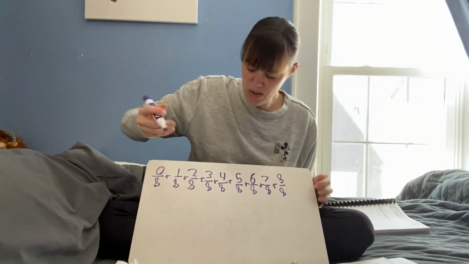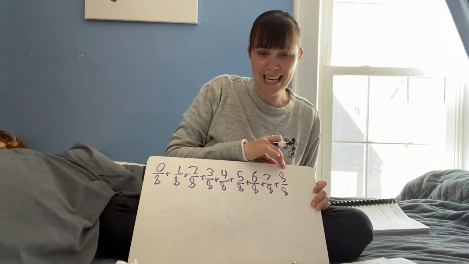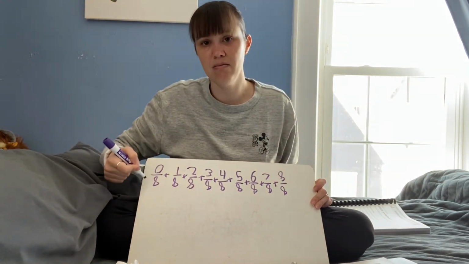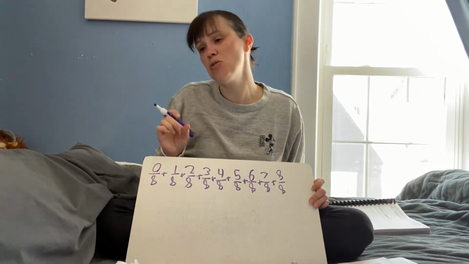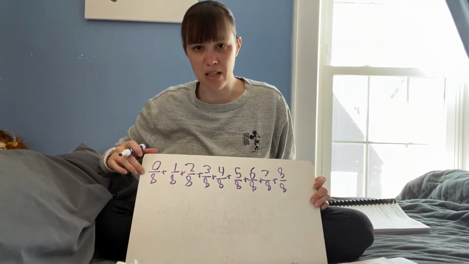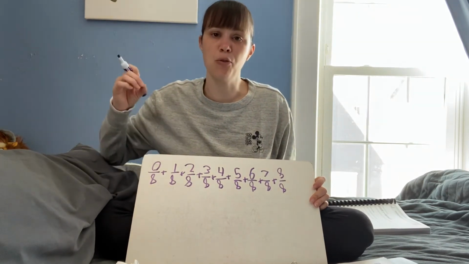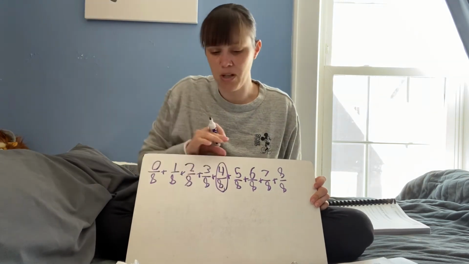Okay, so how many did we actually have? 1, 2, 3, 4, 5, 6, 7, 8, 9, because we had that 0/8. So when you are adding eighths, you're actually adding 9 fractions together. Even though this one kind of doesn't count, you end up having 4 pairs with 1 extra, because there really are 9.